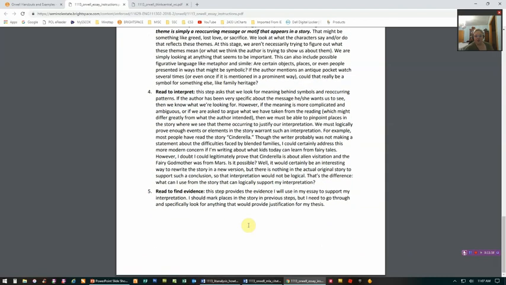Then after you've read to interpret and you've focused on what you think you want to do, because when you're arguing what meaning is, that's interpreting, now you go back and you start looking for the evidence.